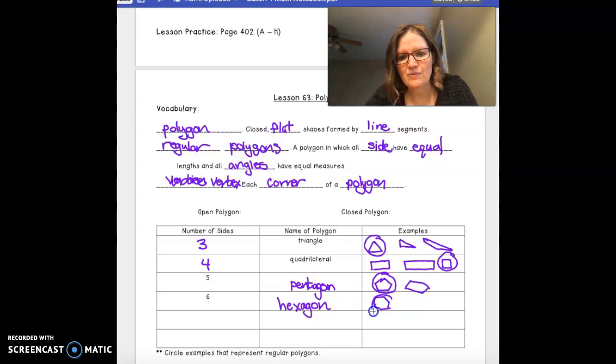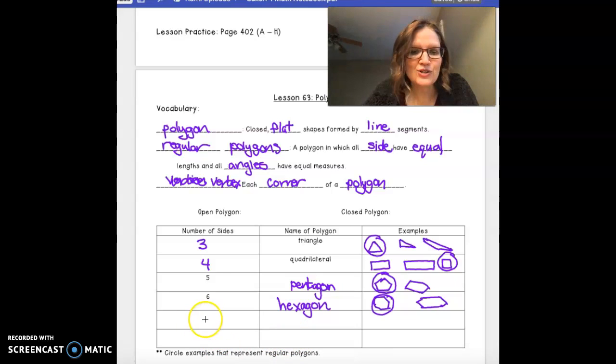And that's our regular hexagon. I'm circling that. And then hexagons can also look like this. We have 1, 2, 3, 4, 5, 6. If you look in the book, there are some much better drawings, and I know that you are doing a much better job than me.